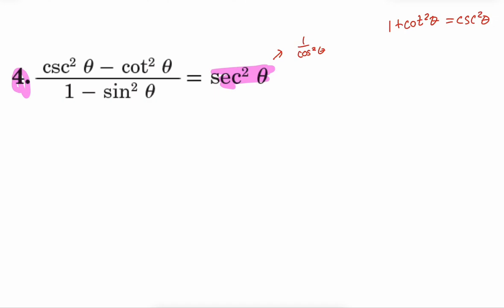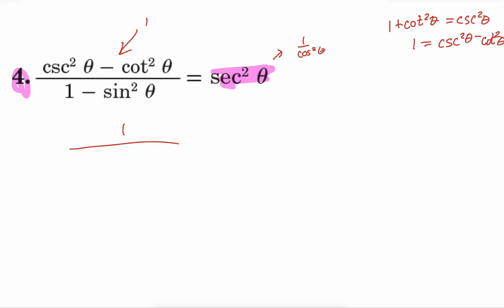We have to move something, right? Don't we have to move this by subtraction over here to make that a match? So if I subtract a cotangent squared, I get that 1 is equivalent to a cosecant squared minus a cotangent squared. So this top is equal to 1. I am allowed to do a substitution there.